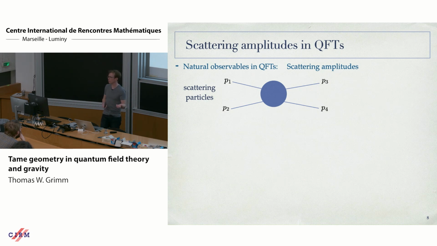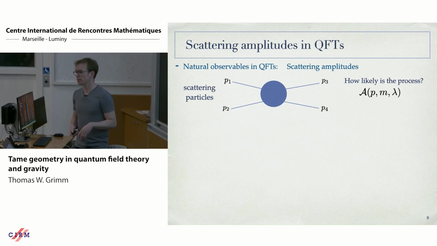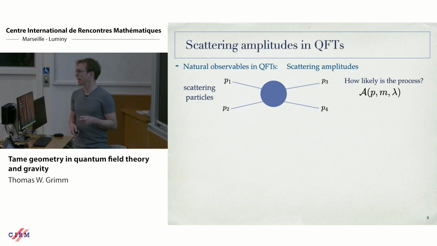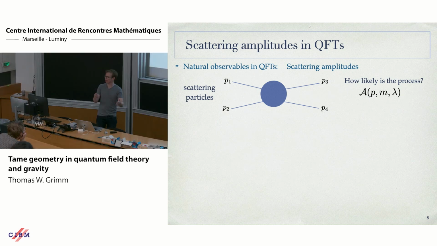Okay, such a quantum process occurs. And this is measured with what is called a scattering amplitude. So scattering amplitudes are complicated functions which map to the interval from 0 to 1.